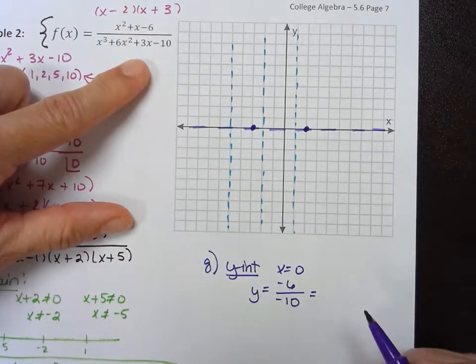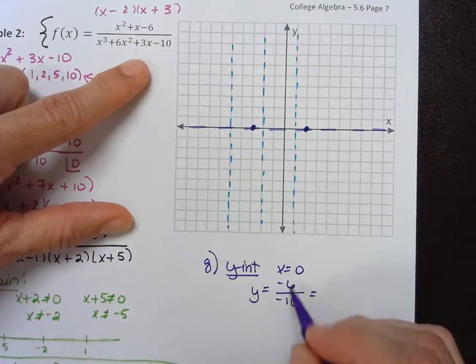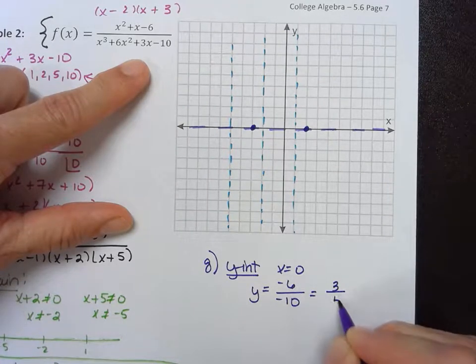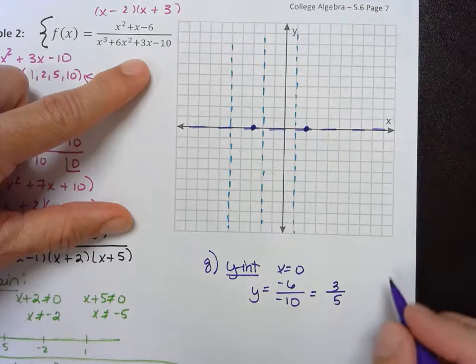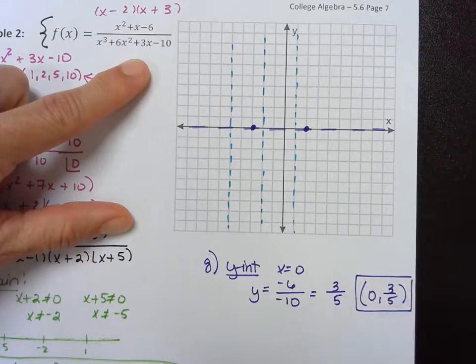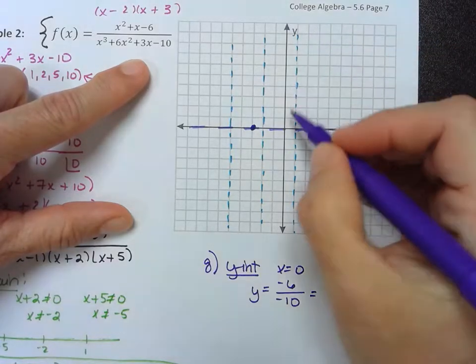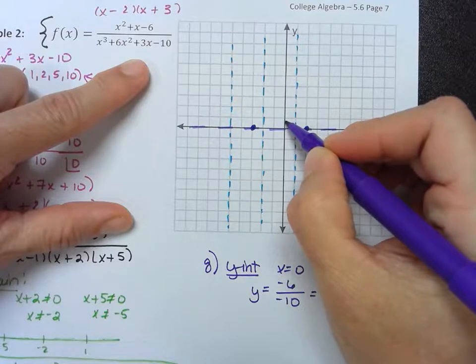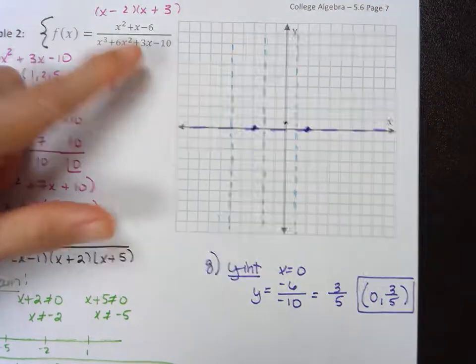Negative over negative is a positive, and 2 will divide into both of these. So our y-intercept is the point (0, 3/5). So we have 0 and a little bit more than a half, something like that.